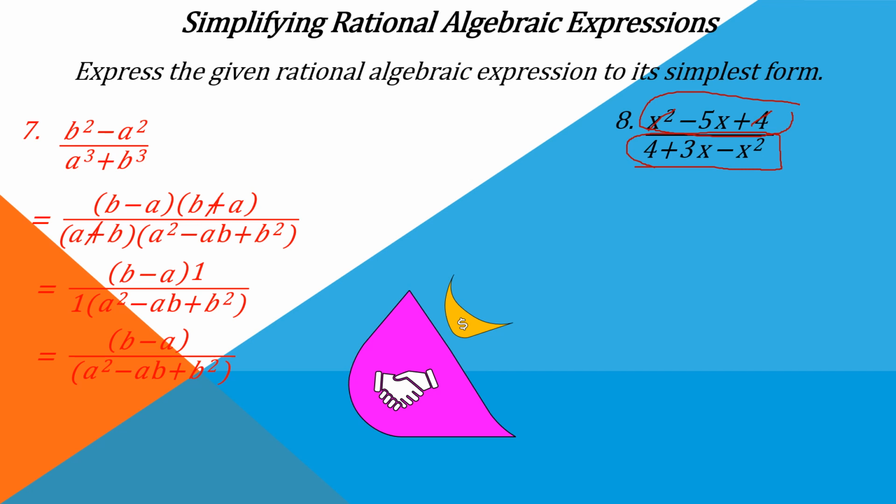Negative 1 and negative 4, if we add them, is negative 5x, which is the same as the middle term of our numerator.